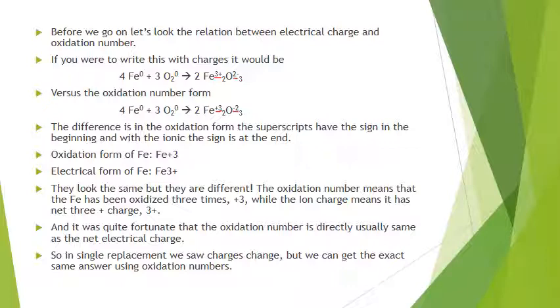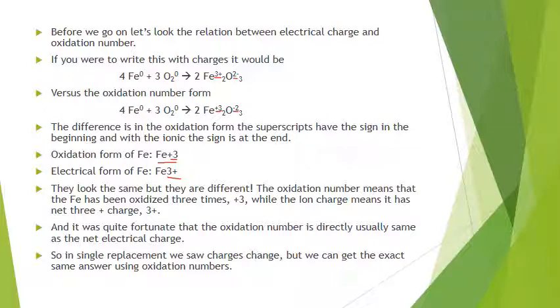Notice they have the same numbers, but the superscript signs are in different places. The oxidation form has it as +3, and the electrical form has it as 3 plus. So they're the same but different.